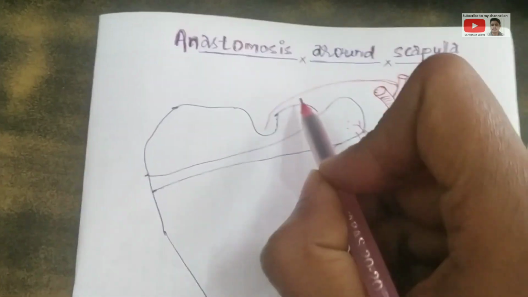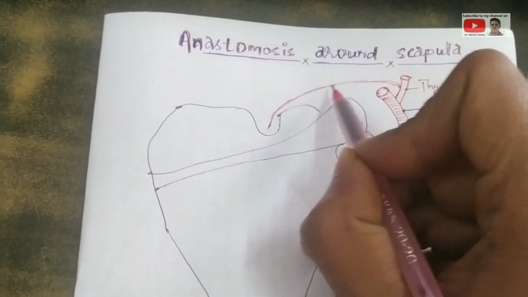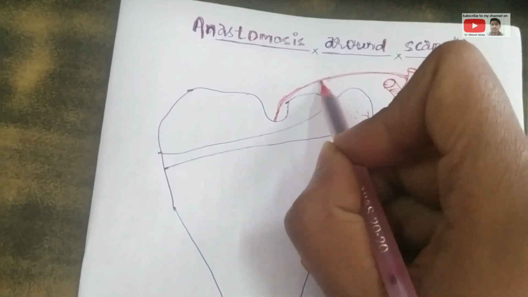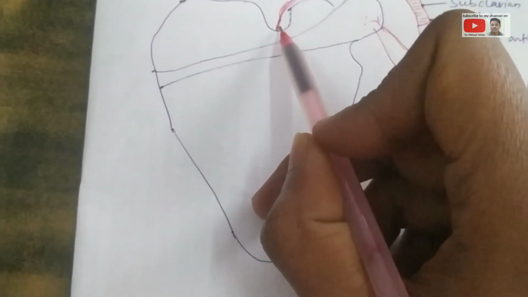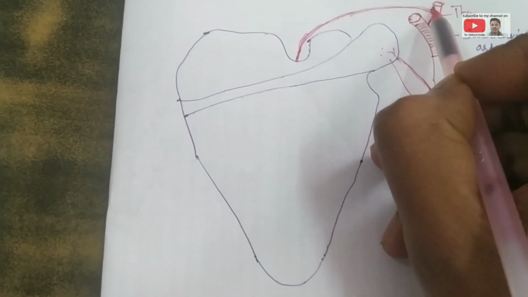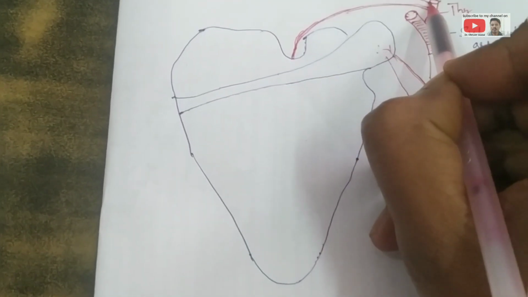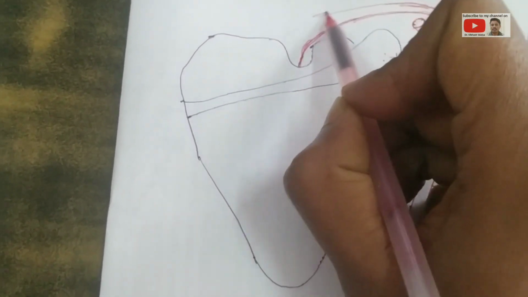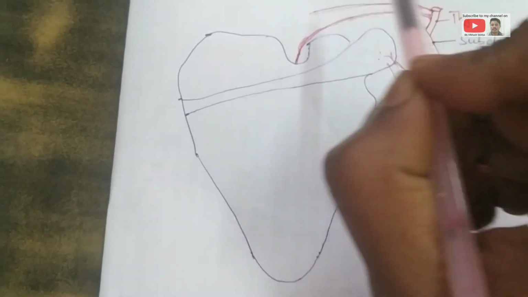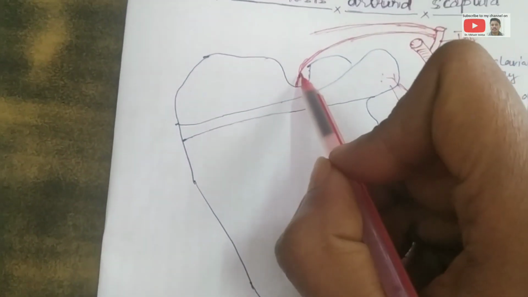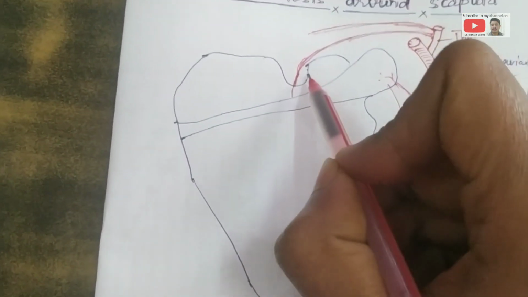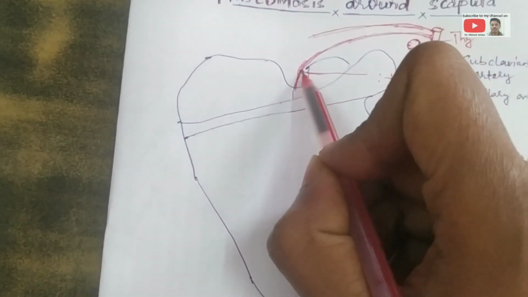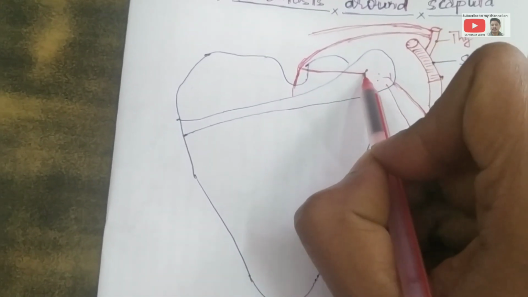This one is the suprascapular artery, which passes into the suprascapular notch, and above we have the deep branch of the transverse cervical artery. So from the suprascapular artery, another branch goes toward the acromion process.